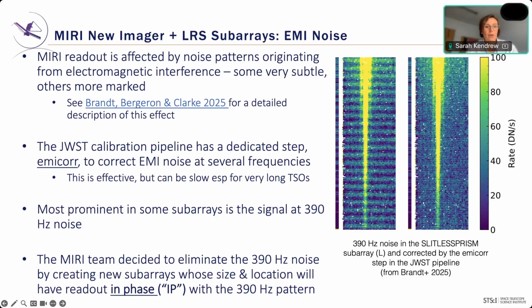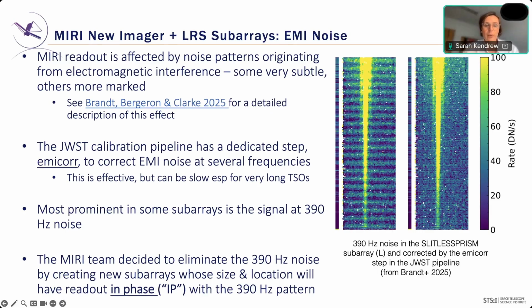The new subarrays will have sizes and locations whose readout, whose clocking pattern, is in phase with that 390 hertz frequency. So it's really a matter of ensuring that the number of pixels in the array and where exactly it is on the detector, the way that it's read out, is in phase with that frequency.